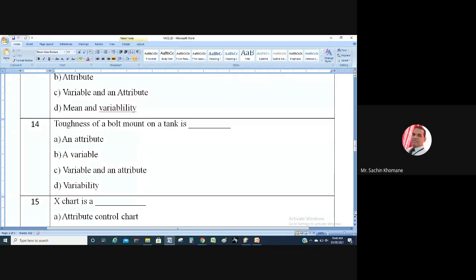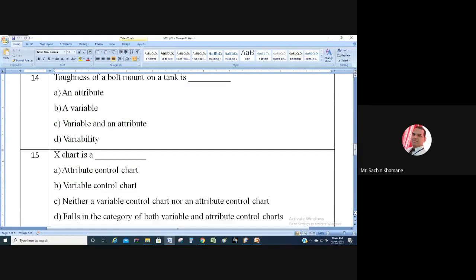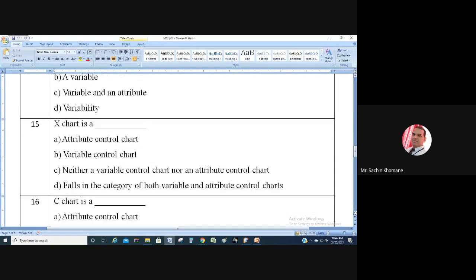If I ask another question, like odor, a smell kind of thing, smell good or bad, can you measure it? No, it is an attribute. Okay, next question.